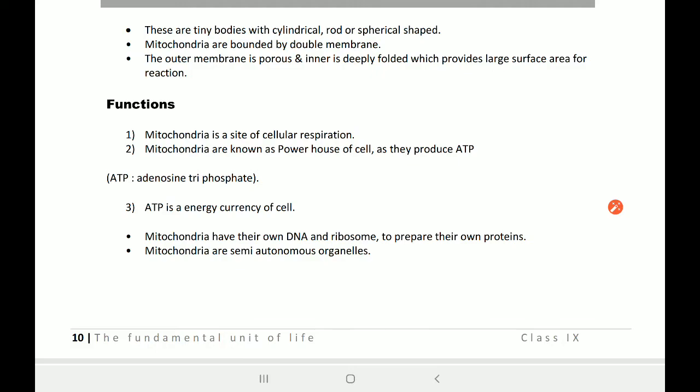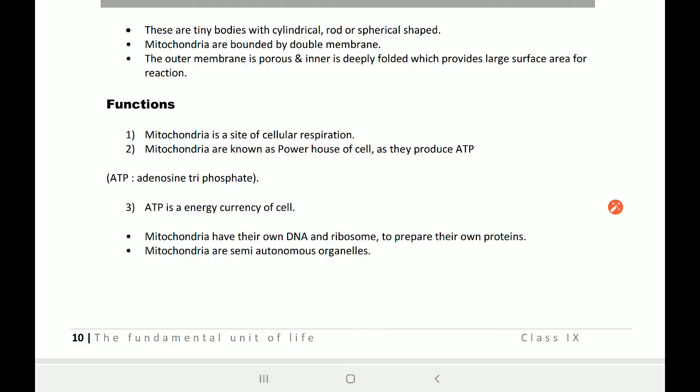They don't use any DNA or ribosomes of the nucleus. They work autonomously inside the cell. Why does it need to work separately? Because this is the powerhouse of the cell, a very important part of the cell. If this is not working, the cell might die.